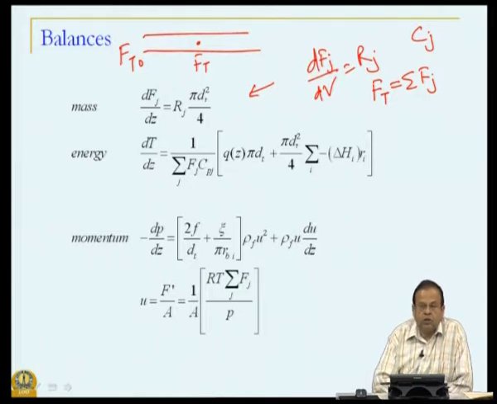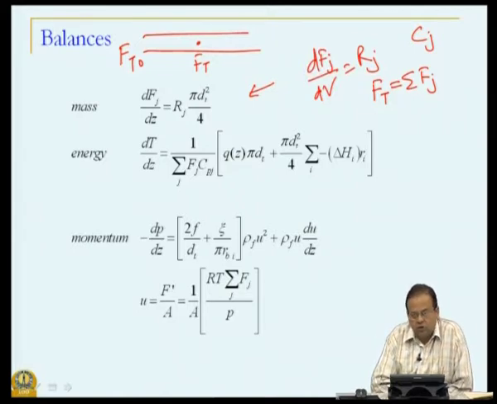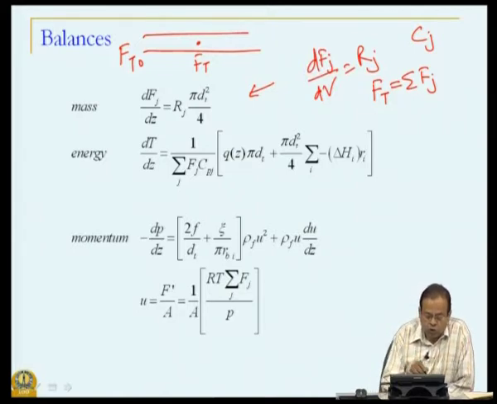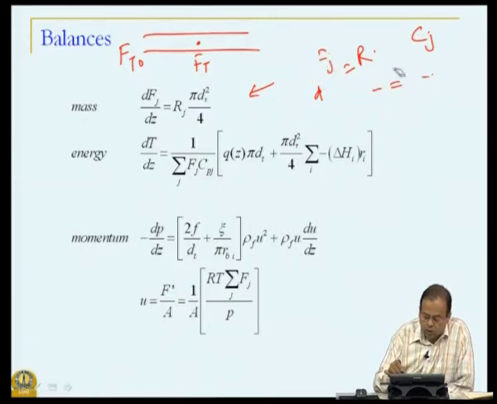So, there is a change in number of moles which results in a change in either the volumetric flow rate or a change in concentration and so on. So, we deal with dFj/dV, which is equal to Rj. Now, what is Rj?